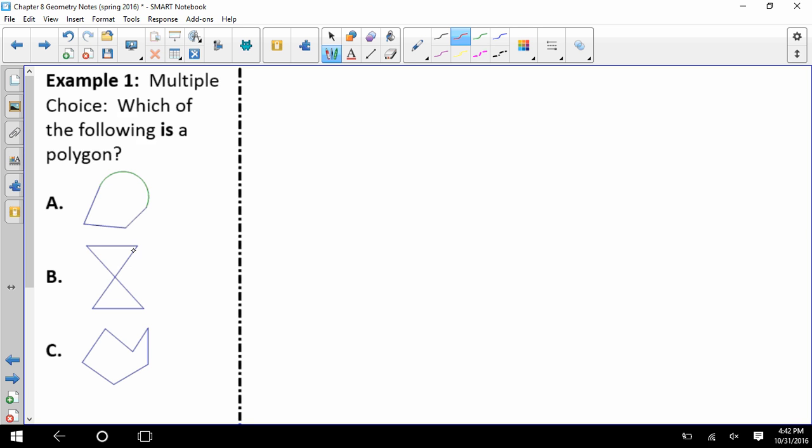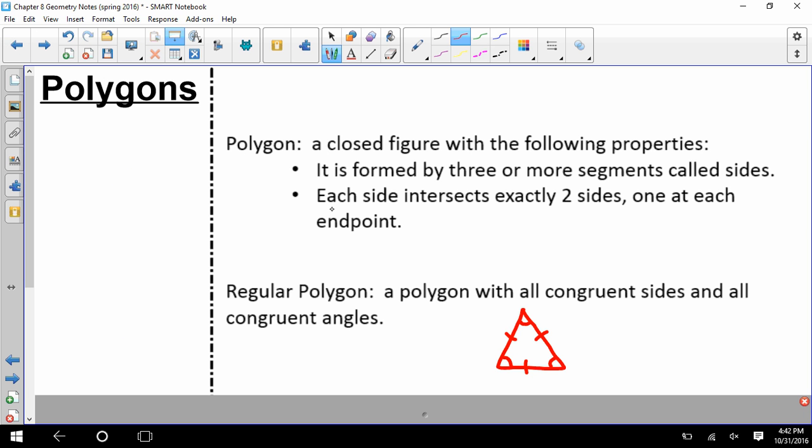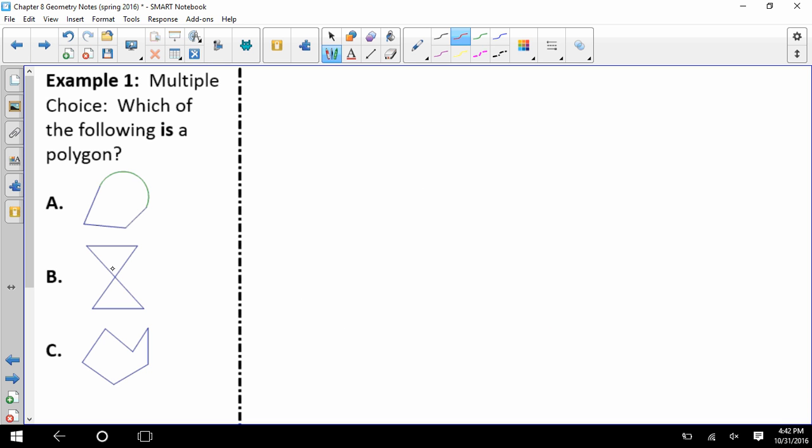This one has all segments, but it violates the second one. It says each side intersects exactly 2 sides, one at each of its endpoints, meaning if I were to look at this segment right here, this segment is attached or adjacent to this segment. So 1, 2, it's also adjacent to this one, 3, and 4.